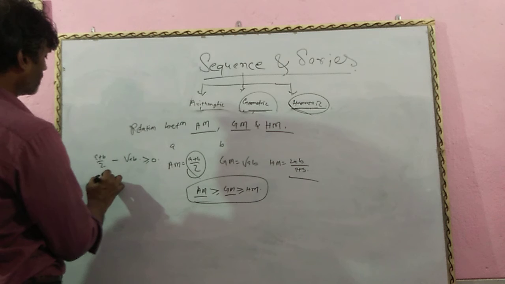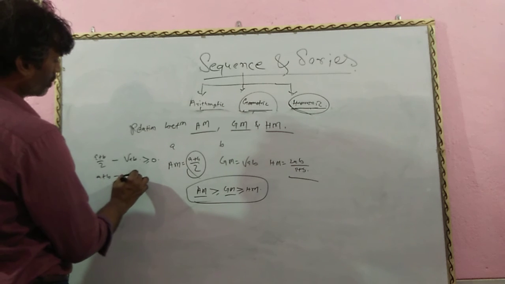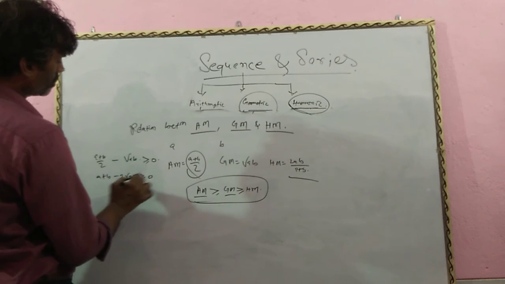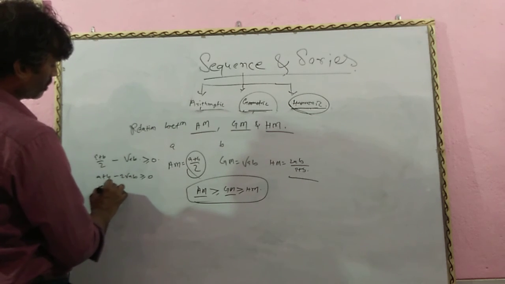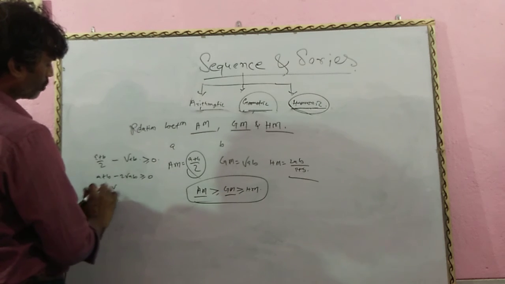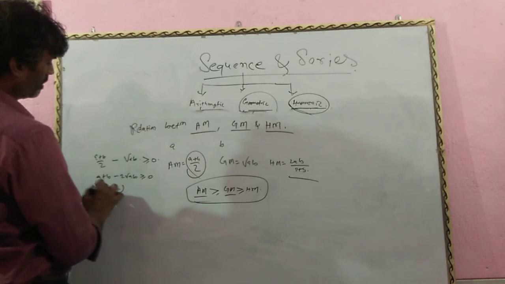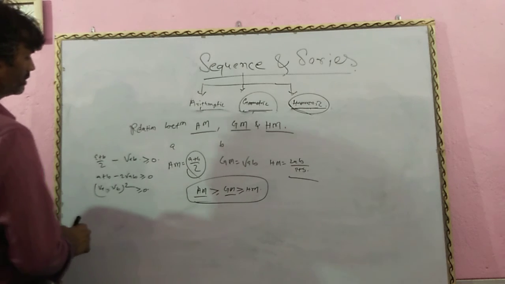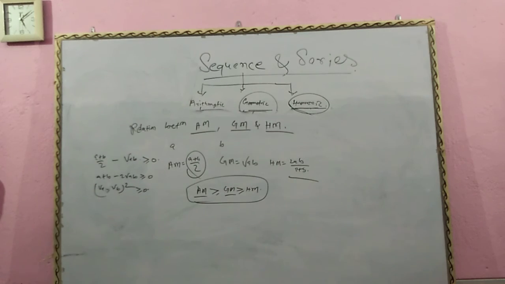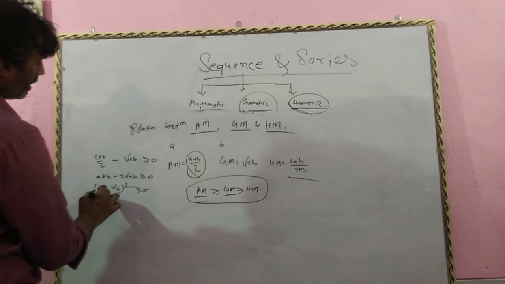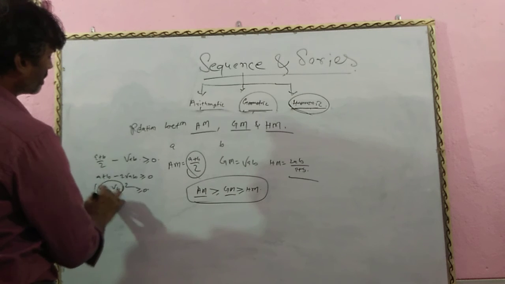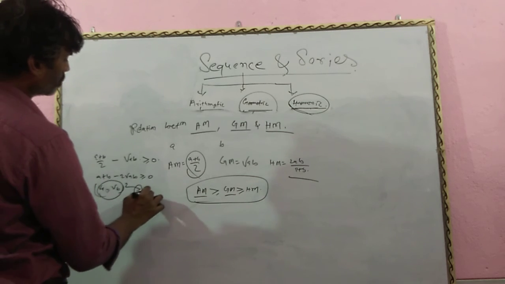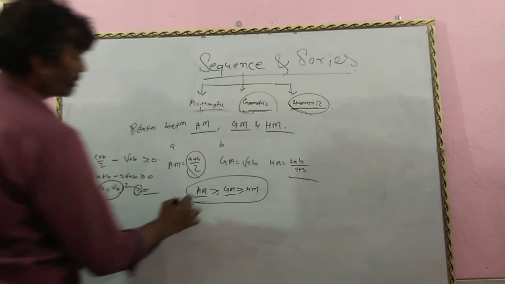Means a plus b minus twice root ab is greater than or equal to 0, which is root a minus root b whole square is greater than or equal to 0. Isn't it? The square of anything will be greater than or equal to 0.